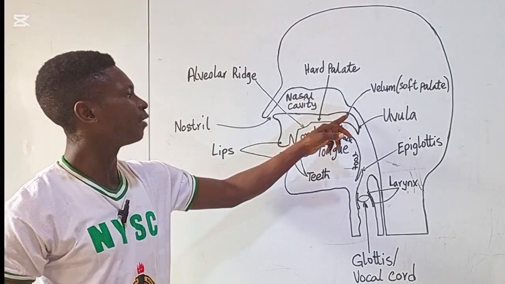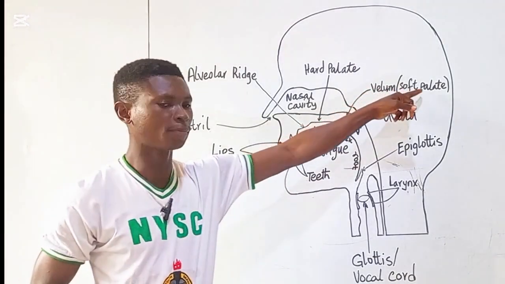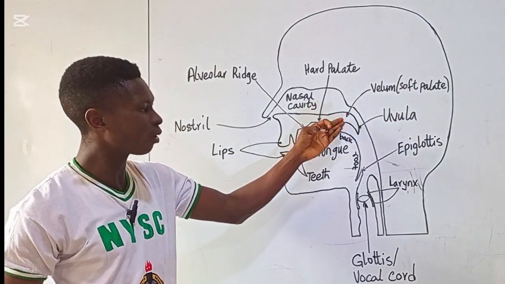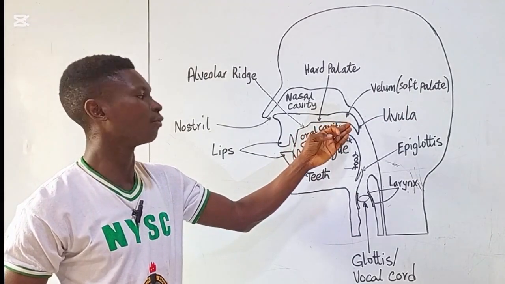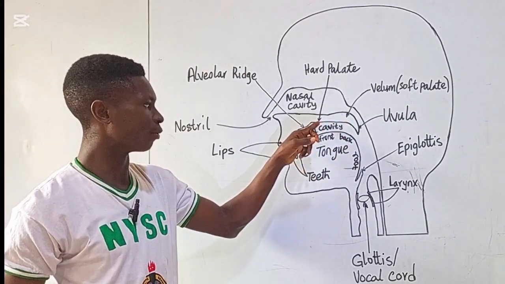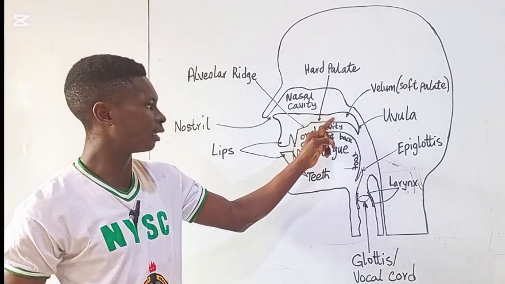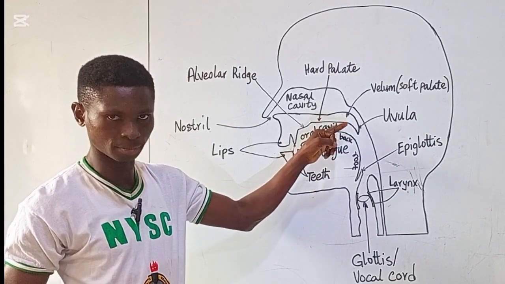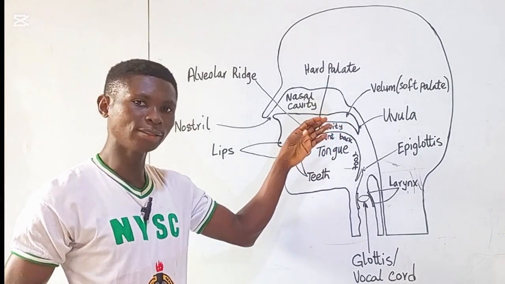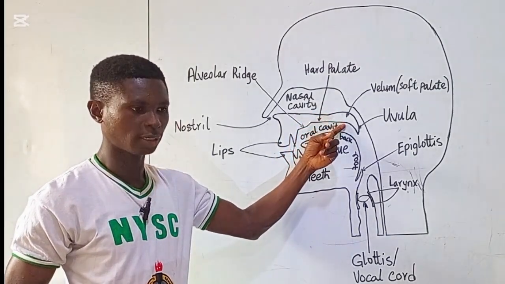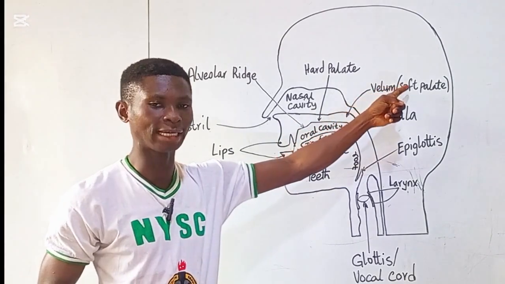Also, we have the velum or soft palate. The velum or soft palate is the lower part of the roof of the mouth. This is the main roof of the mouth, and then it goes down like this. So this part is the velum. And there are certain sounds realized with the help of the velum, and they are known as velar sounds.